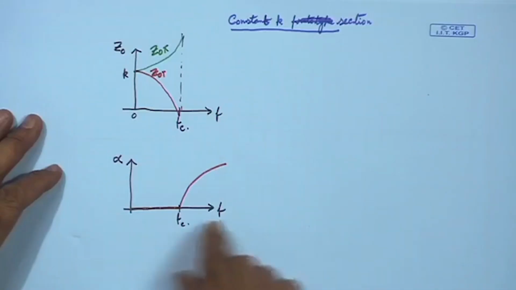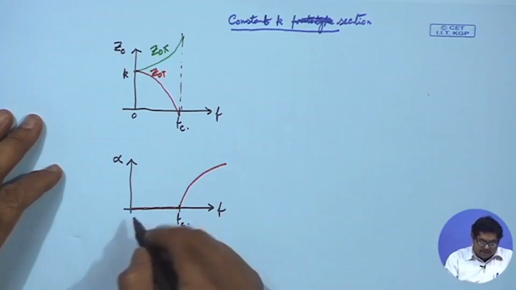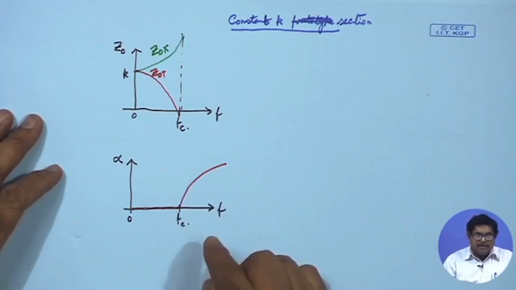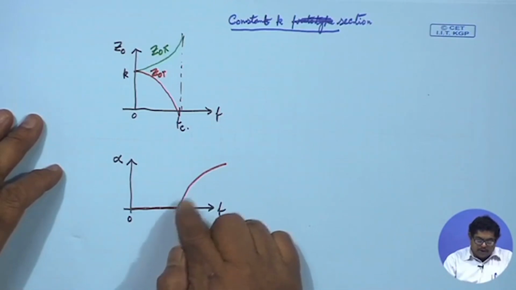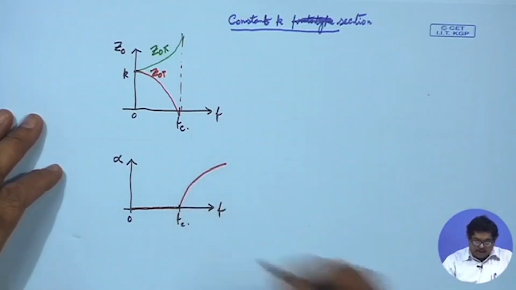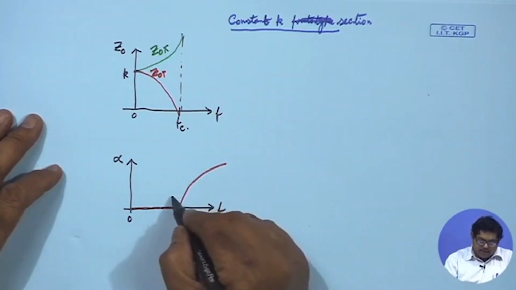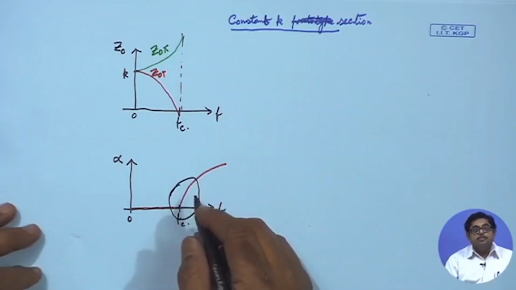Also, if we look at the attenuation constant graph, we see that in the pass band, from frequency 0 to fc, for a low pass filter there is no attenuation. Once it crosses the pass band, in the stop band there is attenuation, which is desirable, but near this cutoff frequency the attenuation value is not much.